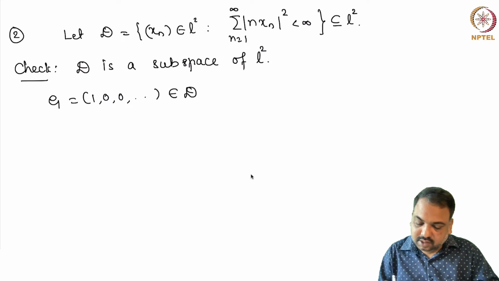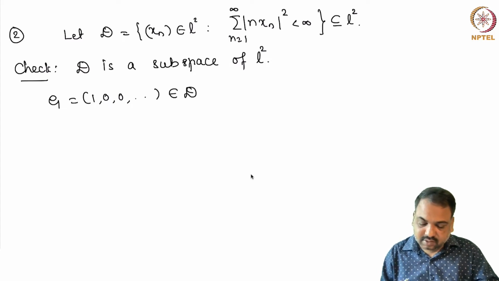Because if you look at the summation n equal to 1 to infinity of n times |x_n| squared, the first element is 1, so |x_n| is 1 anyway. So we can conclude that this is finite. In fact, we can show that any e_n is in D.